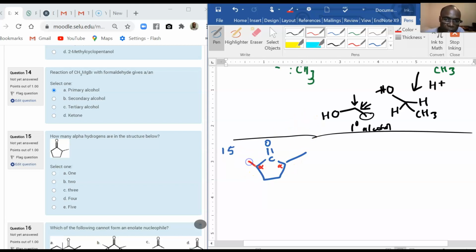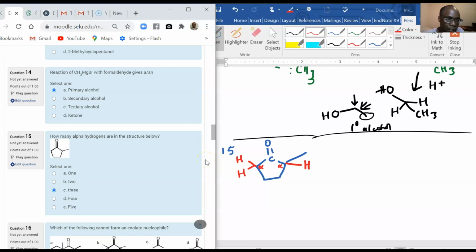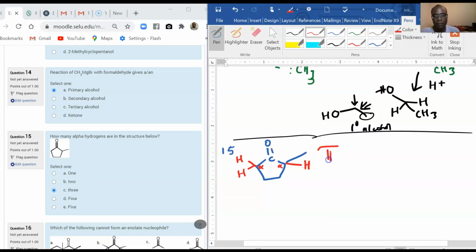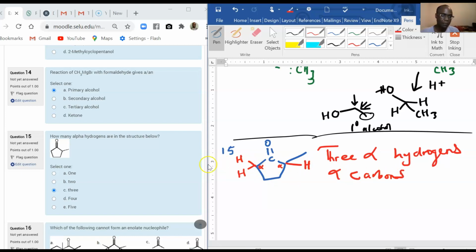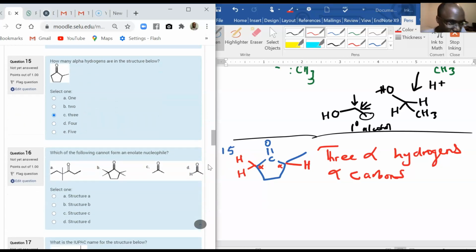So you would just show the hydrogens implied, and you will know that you will have 3 alpha hydrogens on that structure, and I've drawn them there in red. So the answer is 3 alpha hydrogens bonded to the alpha carbons. Like I said, alpha carbons are carbons bonded directly to the carbonyl. You learned that in the chapter of ketones.